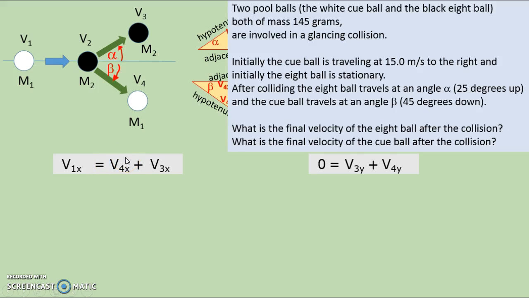When I populate the cells using the actual data given, I'm given the initial velocity and the angle of the 8 ball and the angle of the cue ball. Again, the initial velocity of the cue ball is 15 meters per second. The final direction of the 8 ball is 25 degrees above the horizon. The final direction of the cue ball is 45 degrees below the horizon.